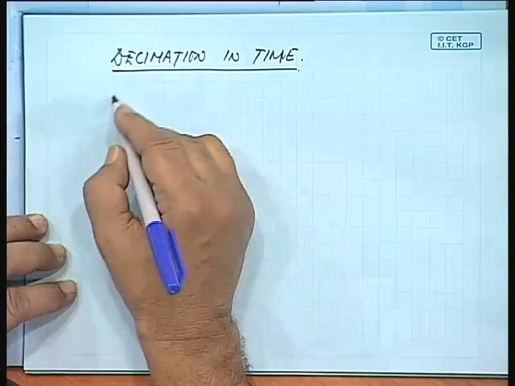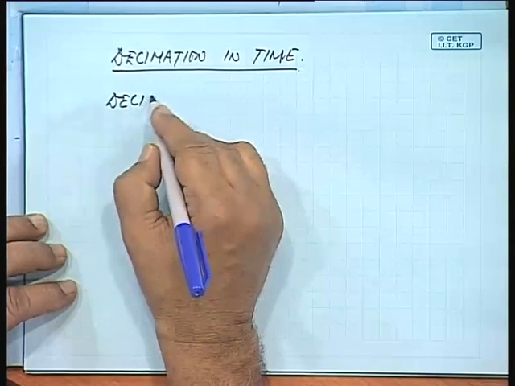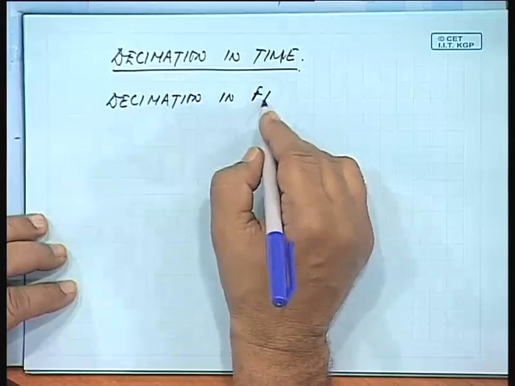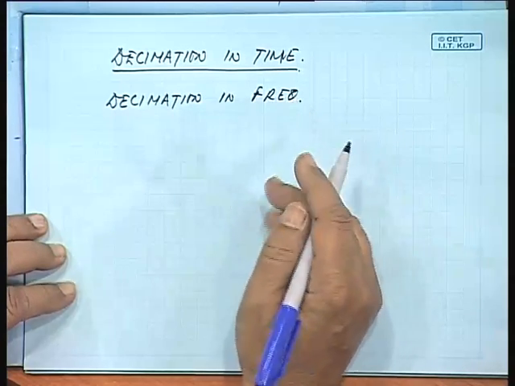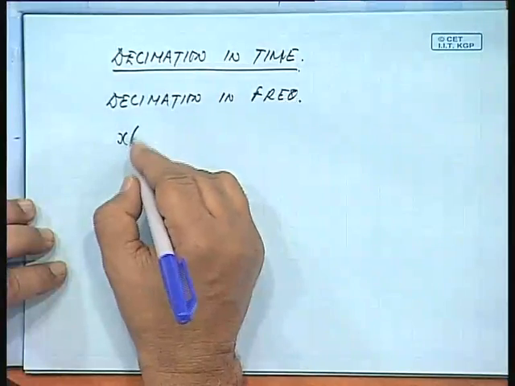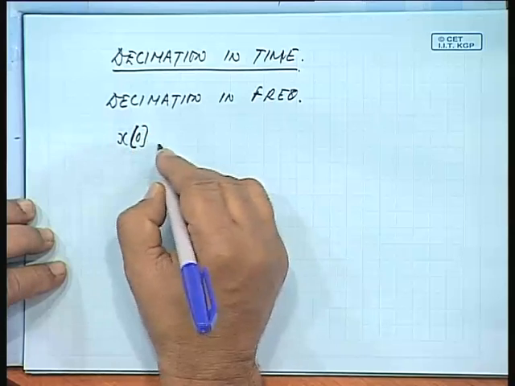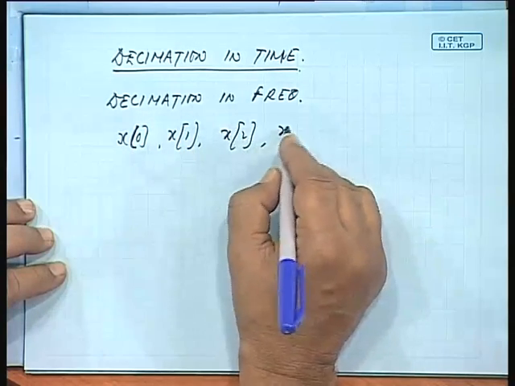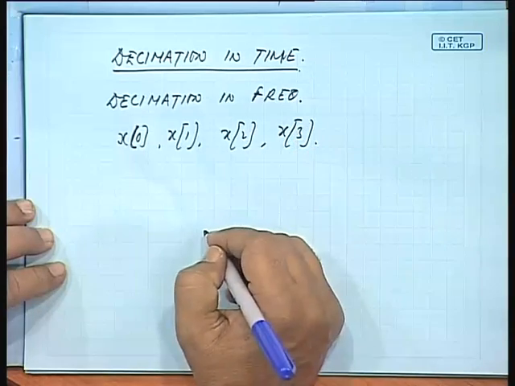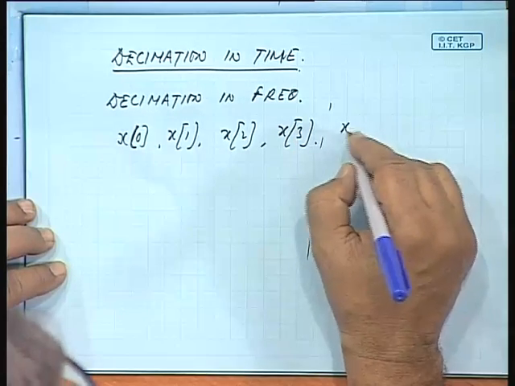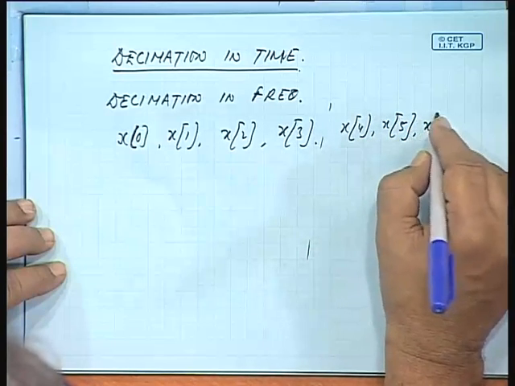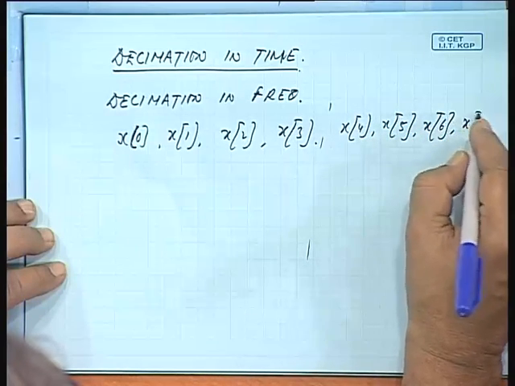Now, we are decimating in the frequency domain, decimation in frequency, that is, you keep on halving them. So, you take x 0, x 1, x 2 and x 3 as one set. Similarly, x 4, x 5, x 6 and x 7 in the second set.